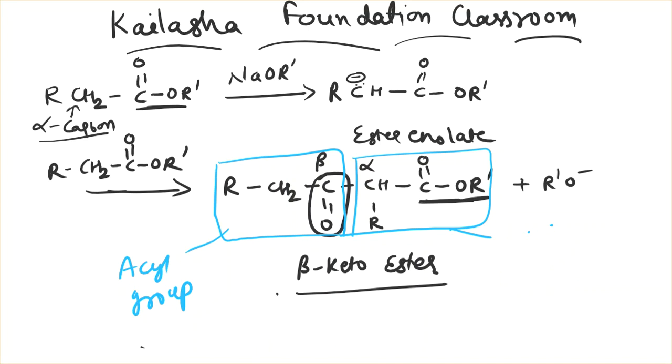Sorry that my writing is a bit difficult to understand, but I think I am able to explain what I'm trying to explain. So this is your original ester and this is the acyl group. So you can see that this is nothing but the acyl group substitution in the original ester, or this is a nucleophilic acyl substitution where the formation of the product is what we call a beta keto ester.